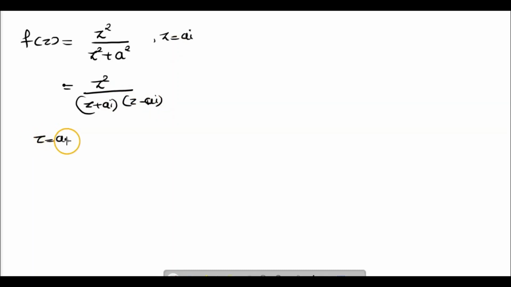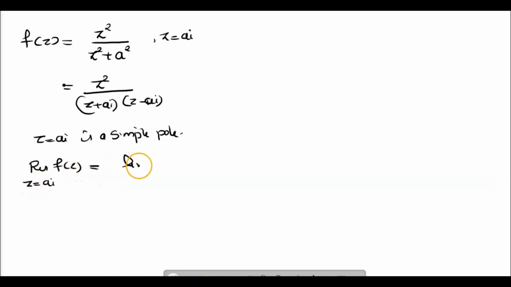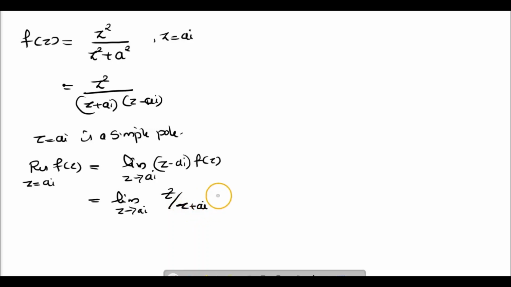We know that residue of f of z at the simple pole z equal to ai is given by limit z tends to ai of (z minus ai) into f of z, which is limit z tends to ai of z square divided by z plus ai.